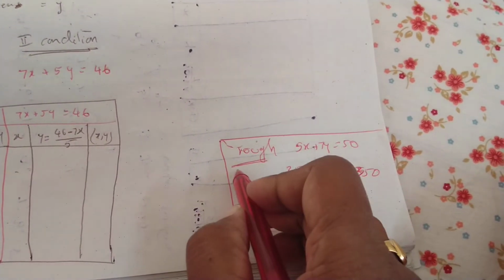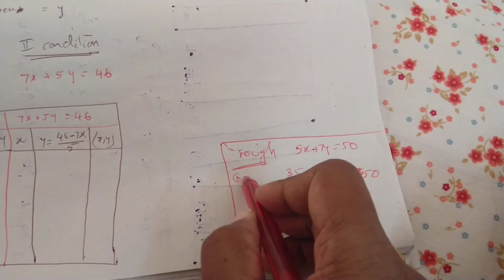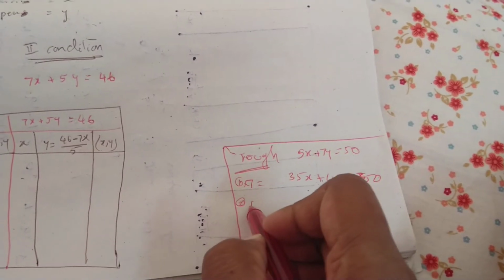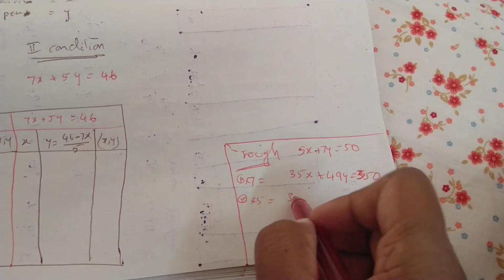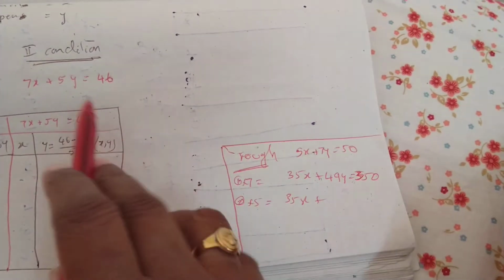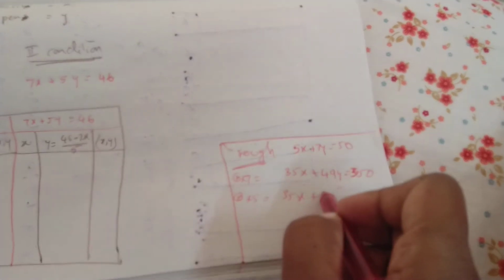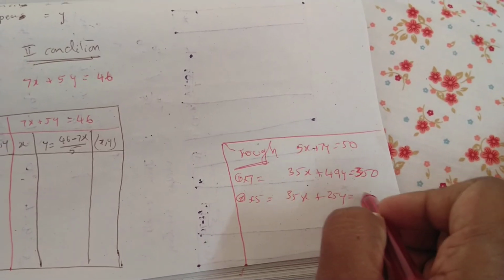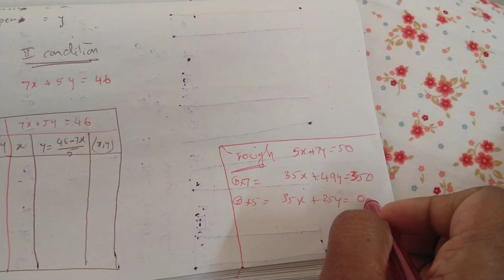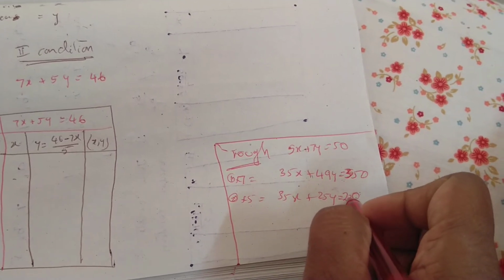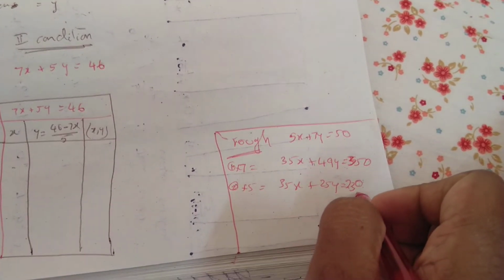So second equation, this is 1 into 7 is equal to this. Now 2 into 5, that is 7 5s are 35x, 5 5s are 25y. Now 5 46s, 5 6s are 30, 5 4s are 20, that is 230, right? 230 we got it.